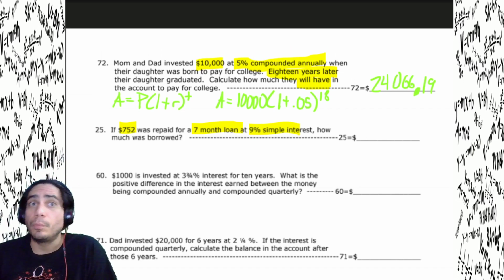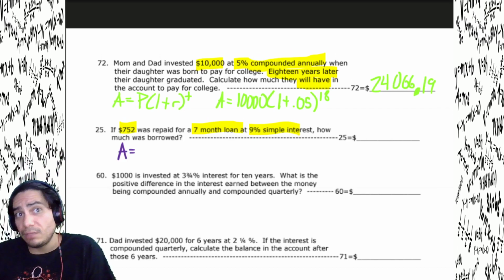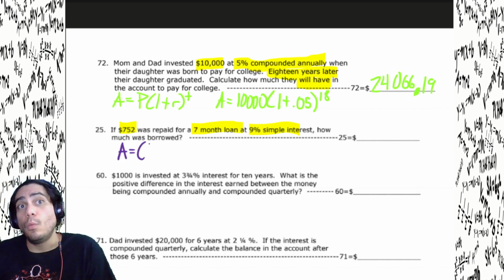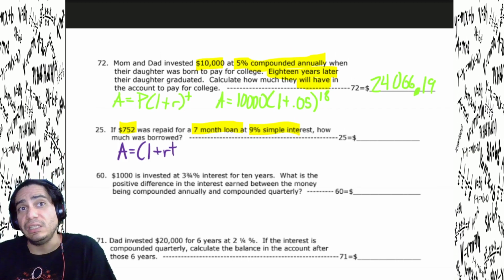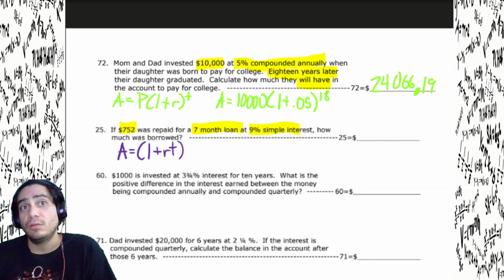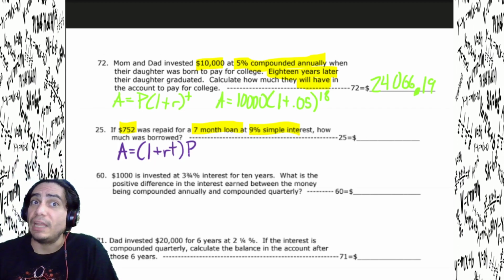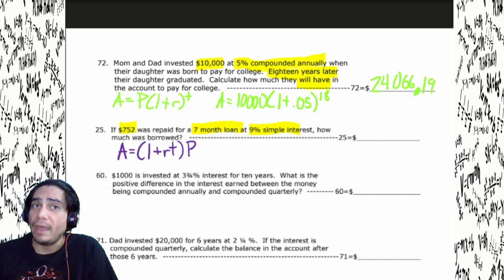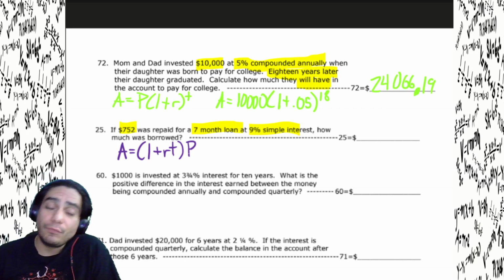Remember, because it's simple interest, we're going to have to use A equals the principal times 1 plus RT here. We might have to work backwards from this to see what was borrowed if we had to pay a total of $752.